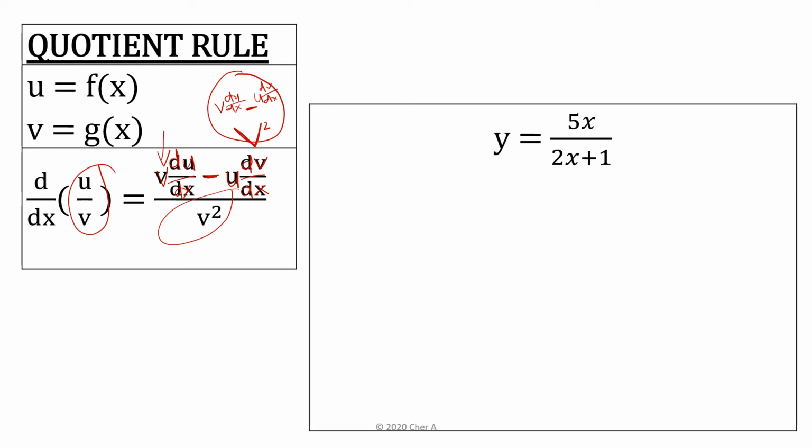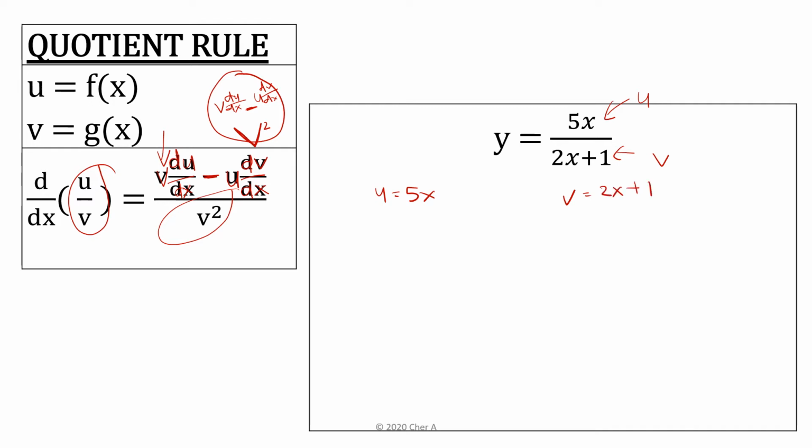So we have a function here, y equals f(x), and then my numerator on top will be my u, and my denominator below will be my v. So u is equal to 5x, v is equal to 2x plus 1.